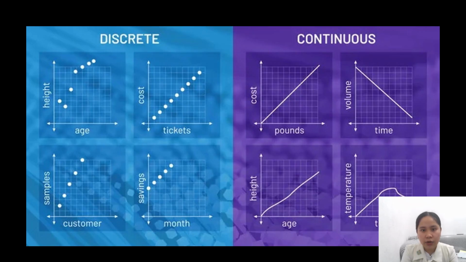Kasi sa continuous, yung range ng values is within the line. Dito mabibilang natin sa discrete kung ilan yung cost ng tickets, while in continuous, hindi natin mabibilang kasi dire-diretso siya.